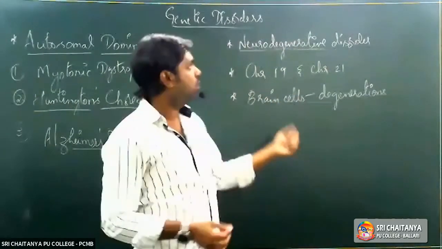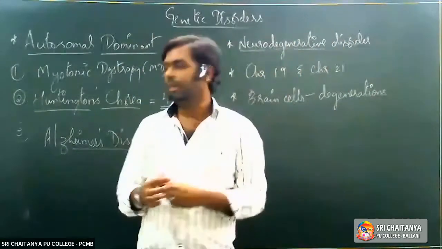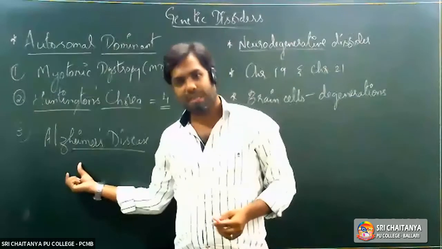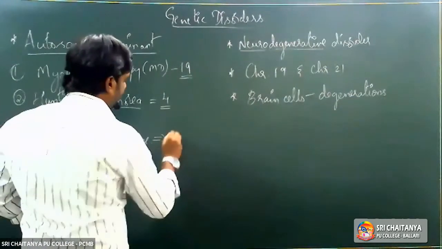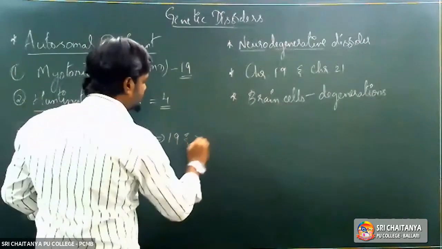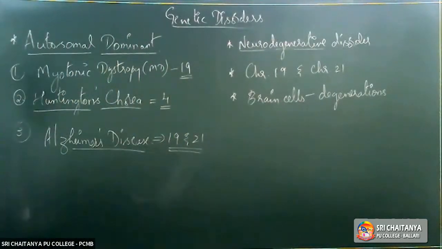Therefore, we call it a neurodegenerative disorder. So we have Alzheimer's disease due to mutation in two genes, chromosome number 19 and chromosome number 21. Again, a dominant autosomal mutation.